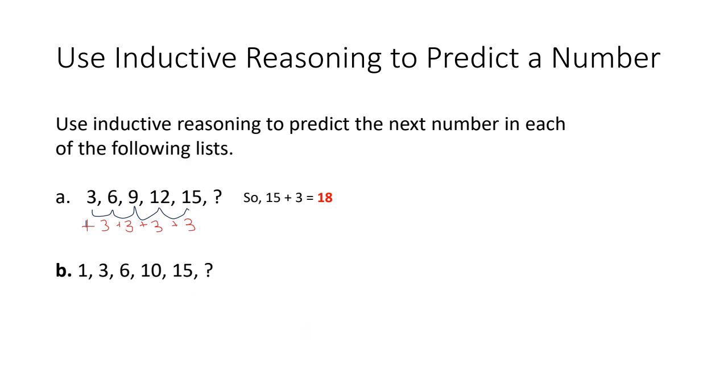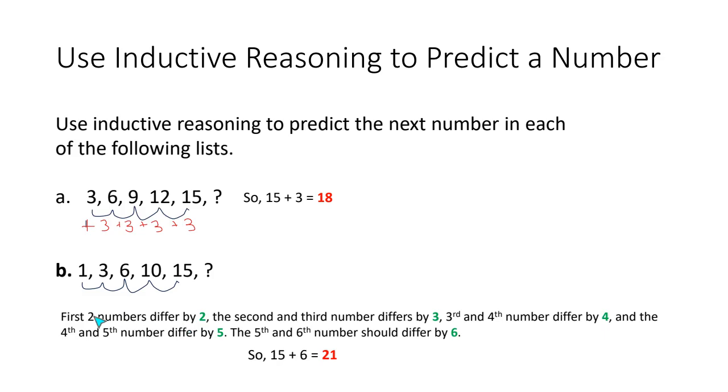If you notice, from 1 to 3 it differs by 2. From 3 to 6, it was by 3. 6 to 10 was by 4. 10 to 15 was by 5. So maybe the next one would be 6. So 15 plus 6 would be 21. You want to try to look for those patterns.